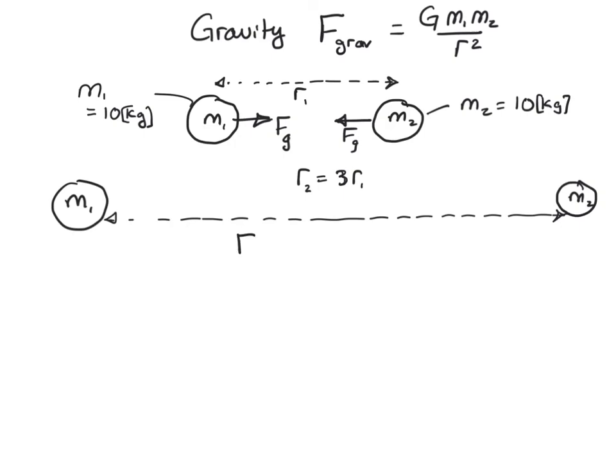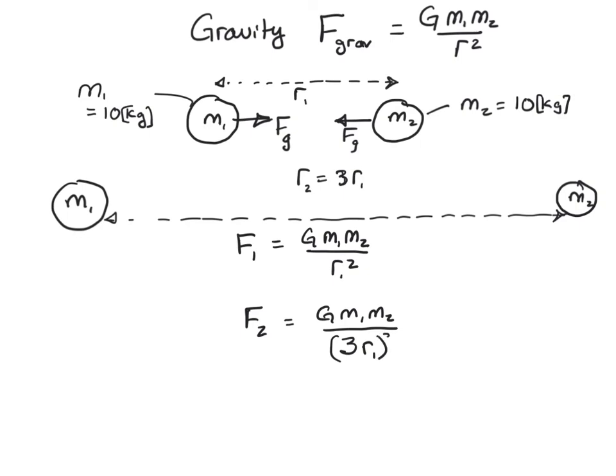I know my first force was going to be G M1 M2 divided by the distance R1 squared. My second force is going to be the same quantities, M1, M2, but now I'm going to triple the distance, so I'm going to multiply 3 times R1 and cube all that. Or excuse me, not cube it, square it. My mistake. Square it.